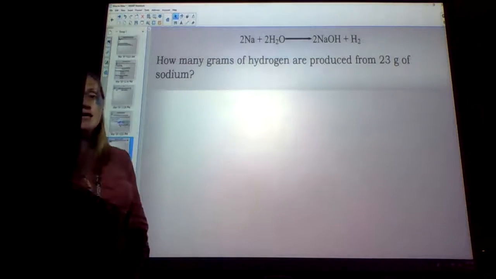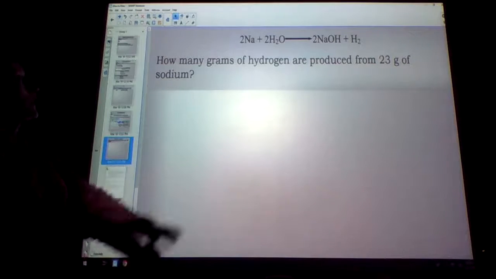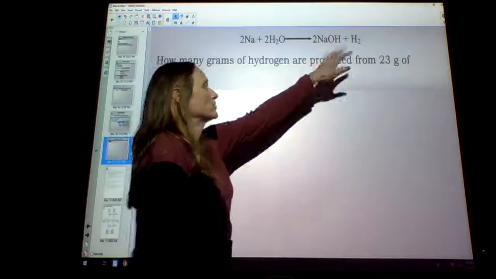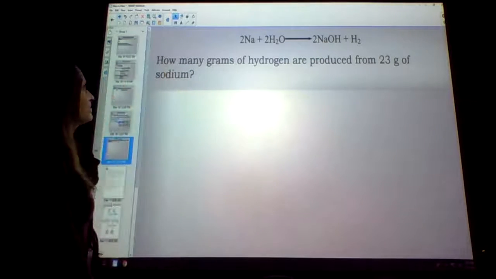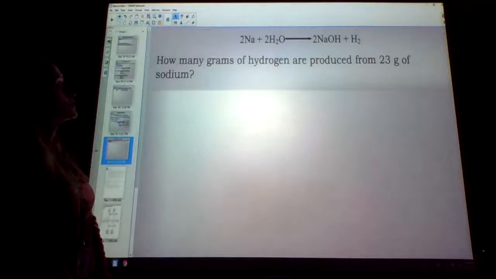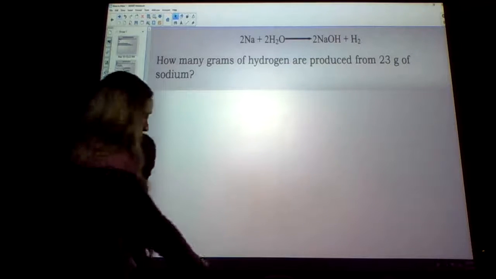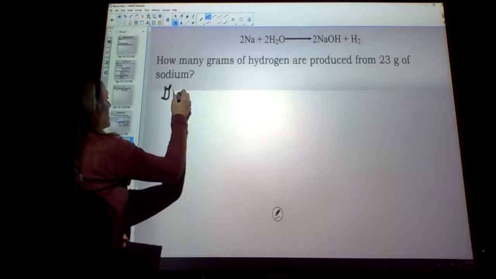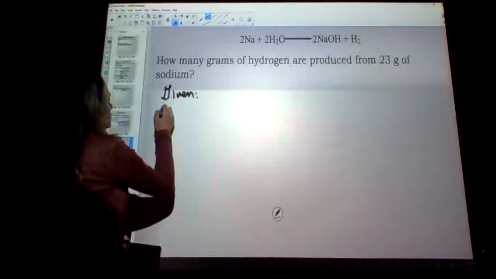Taking a look at our second example, we have sodium and water reacting to make sodium hydroxide and diatomic hydrogen. We want to know how many grams of hydrogen are produced from 23 grams of sodium. So make your list of your given and your find.